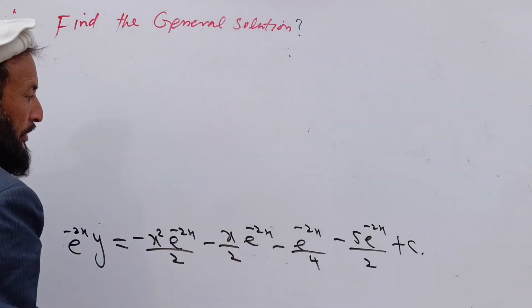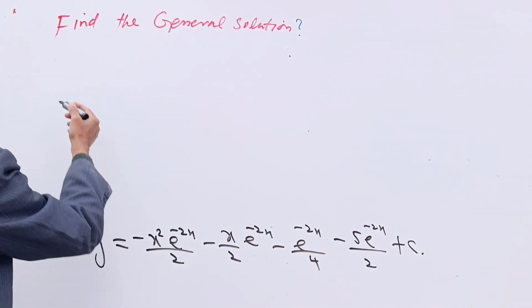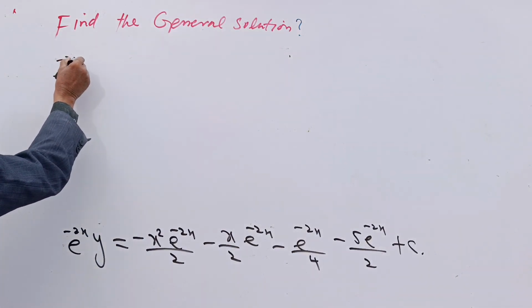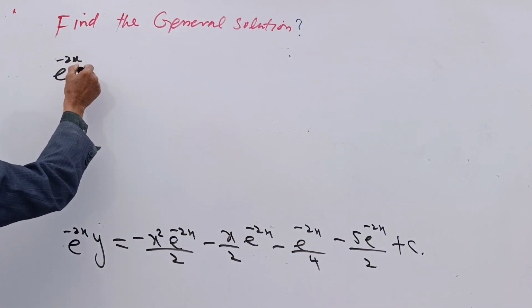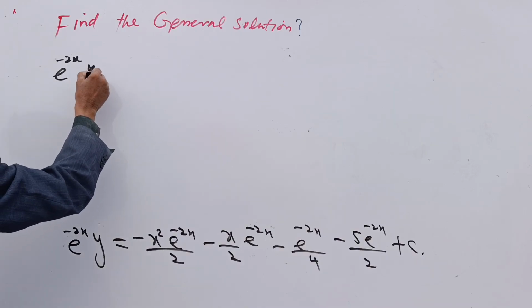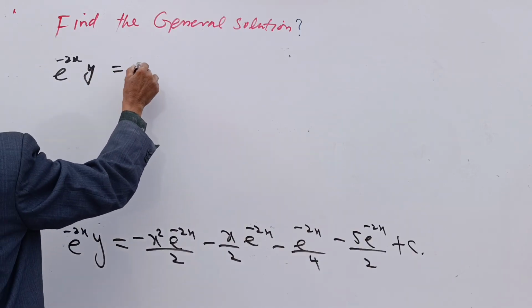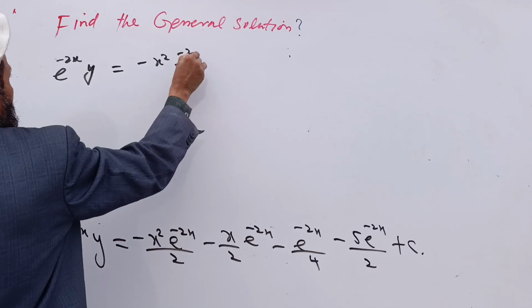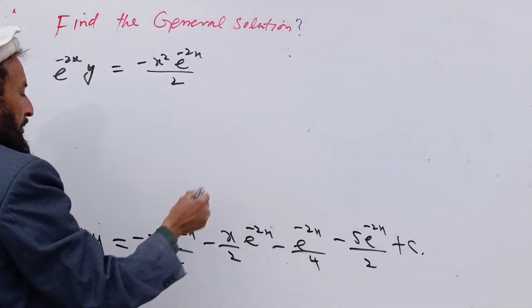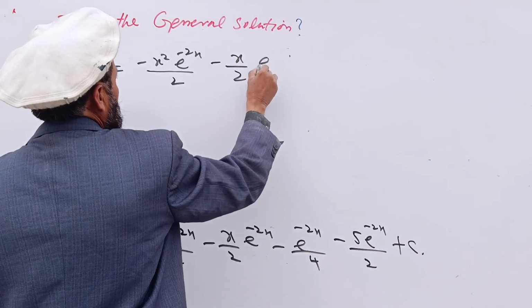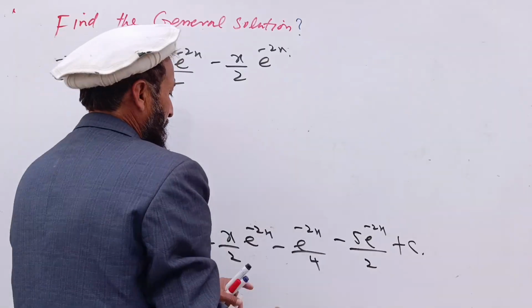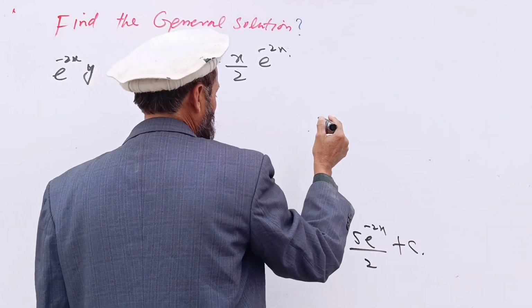Here we can also take e exponent of minus 2x common, using any method. So y is equal to minus x square e exponent of minus 2x divided by 2 minus x divided by 2 e exponent of minus 2x, and now here we take the LCM.